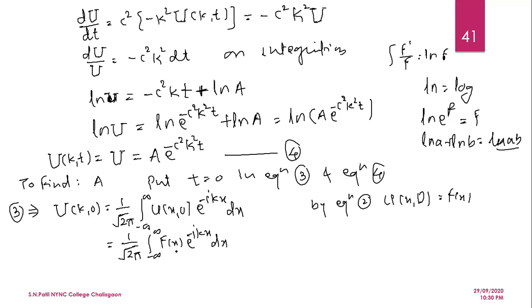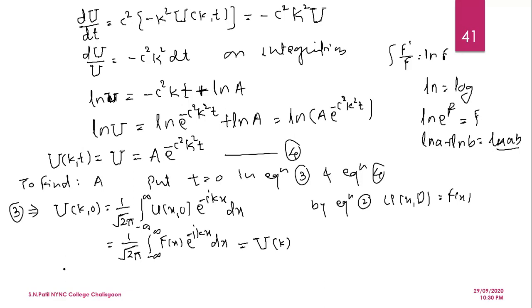Now this is the Fourier transform. This is the definition of the Fourier transform, capital F of k. So instead of that, we write this term as capital U as a function of only k.